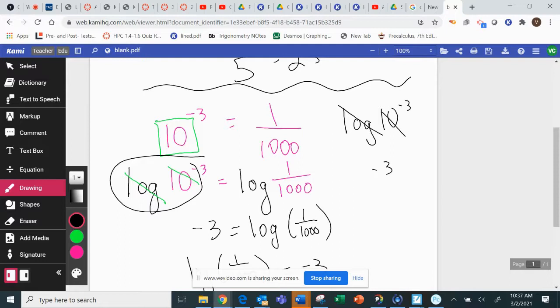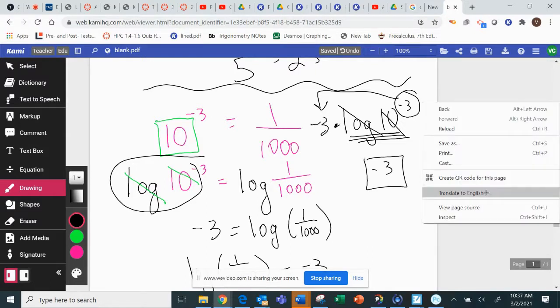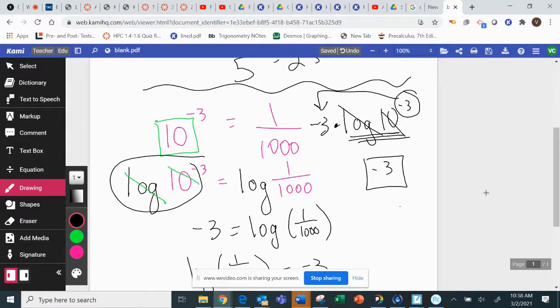The reason why you get that negative 3 and it's not a tiny little number anymore is because it goes in front and it becomes multiplication. And then these cancel out. So we get just a regular negative 3 multiplied by 1. So that's the real reason why this number is not an exponent anymore, because the power becomes multiplication.